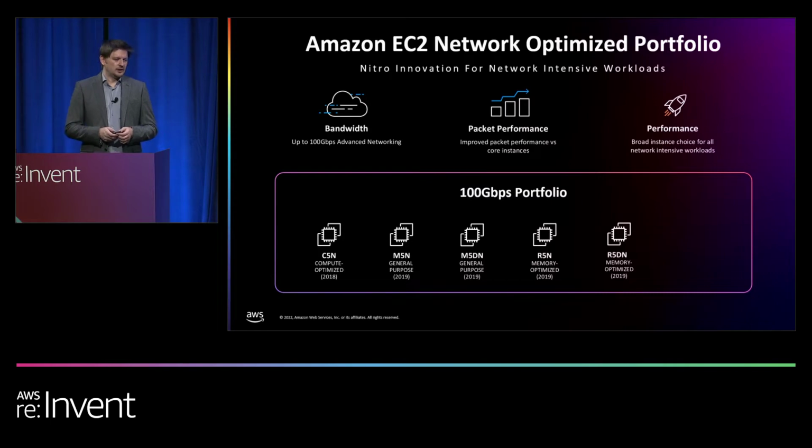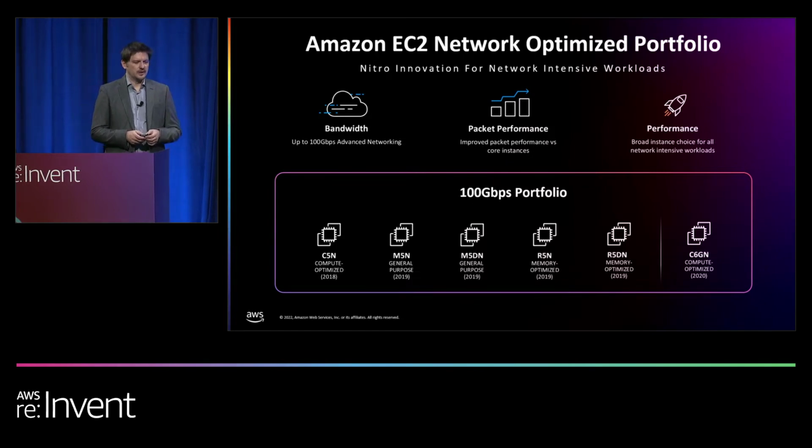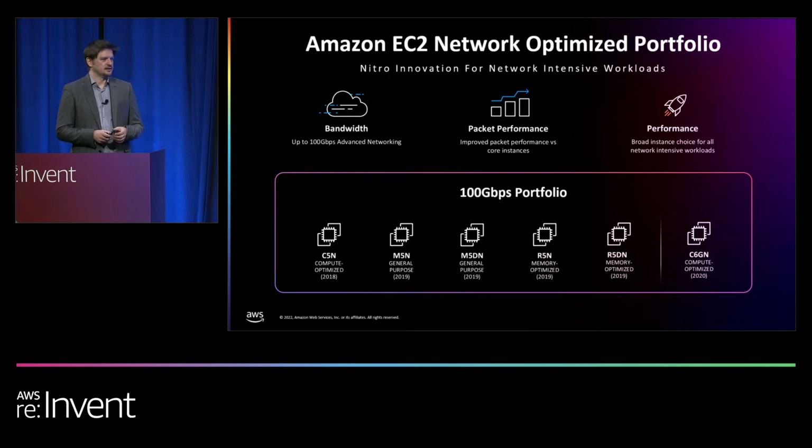And in 2020, we launched the C6GN instances, which put together Nitro innovation and Graviton innovation. So this was the first Graviton-based network-optimized instance. It offers the same 100 gigabits per second as the rest of the portfolio, but offers up to 40% better price performance and 40% better packet processing performance.